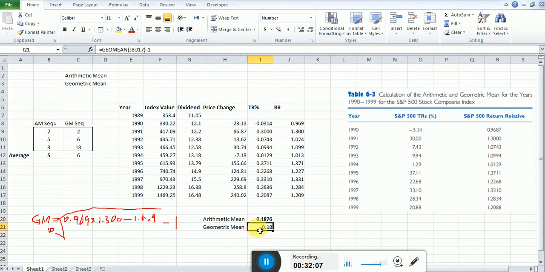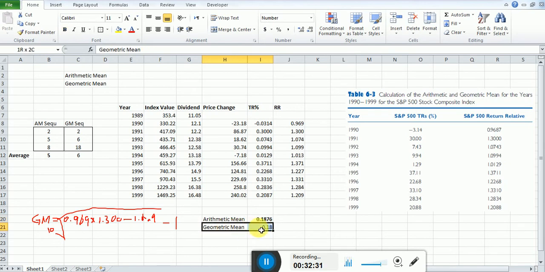This is 0.18. It means if you make an investment in any year, then after 1 year, on average your return will increase by 0.18. The difference here is that the arithmetic mean we have is 18.76, but here we have 18.